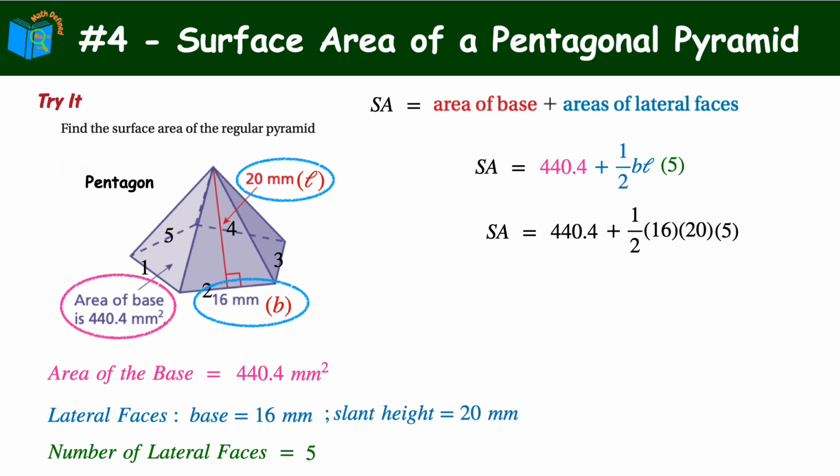Let's get rid of this fraction first by simplifying 1/2 of 16 to get 8. So now we need to multiply 8 by 20 by 5 to get 800, giving us 440.4 plus 800. We'll add these two terms together to get a total surface area of 1,240.4 square millimeters.